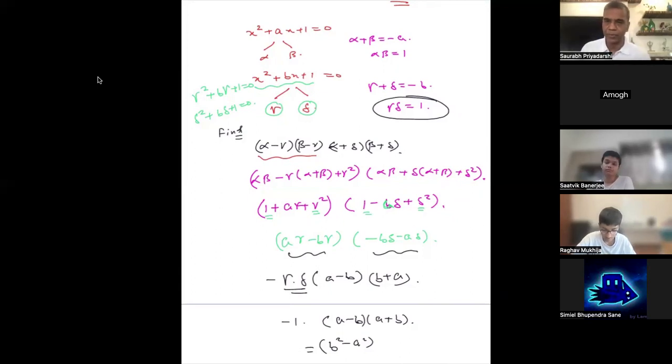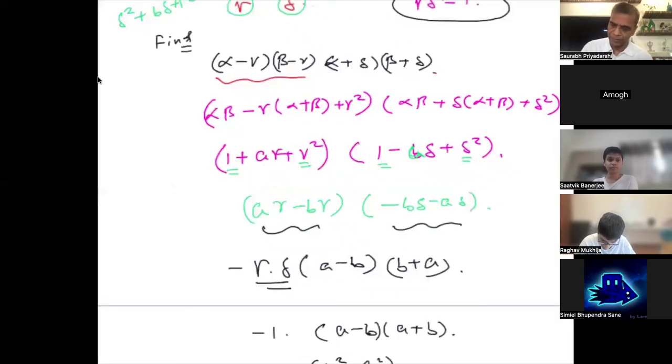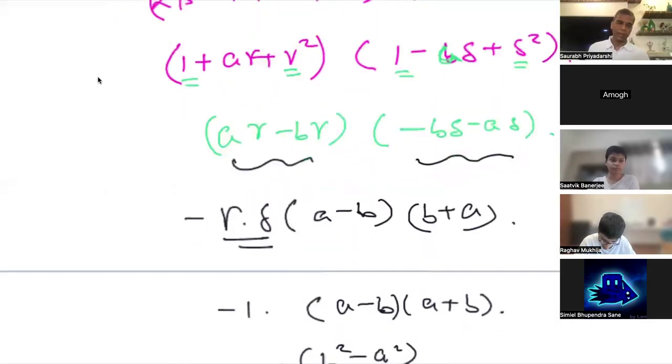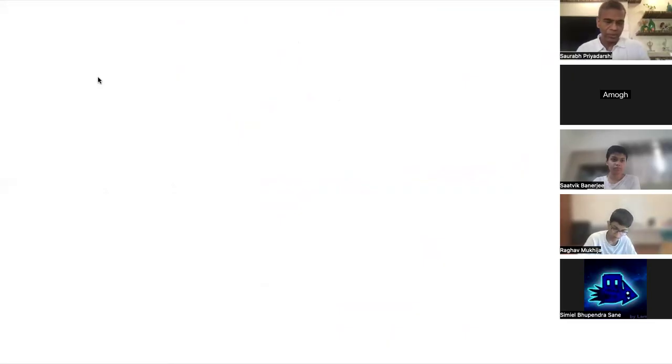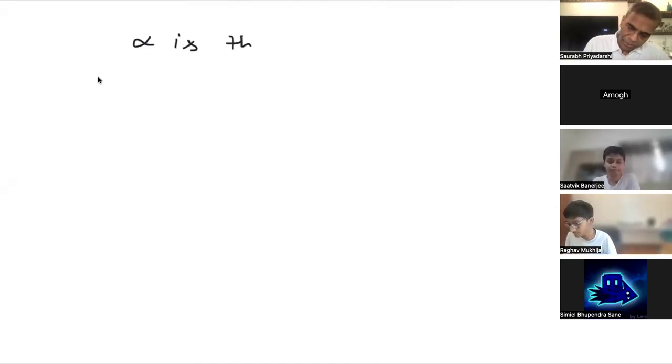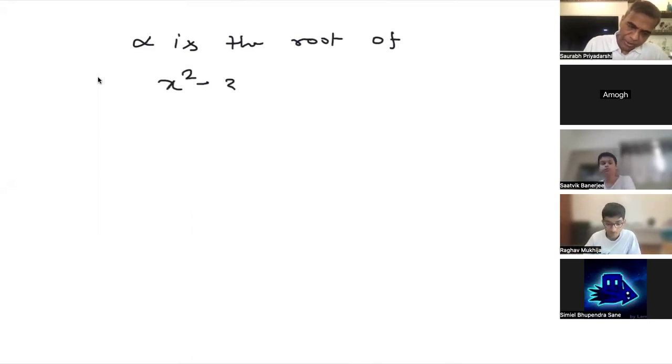Okay, everyone. Right now, in different quadratic problems, when we have to solve, we have to use Vieta's theorem or whatever is given. Suppose it is given in the form: alpha is the root of x square minus 3x plus 1 equal to 0.